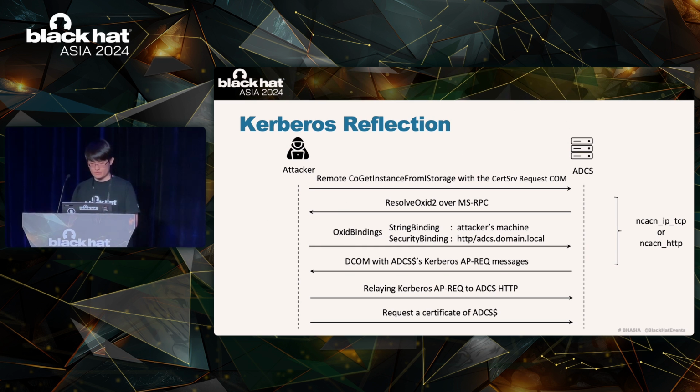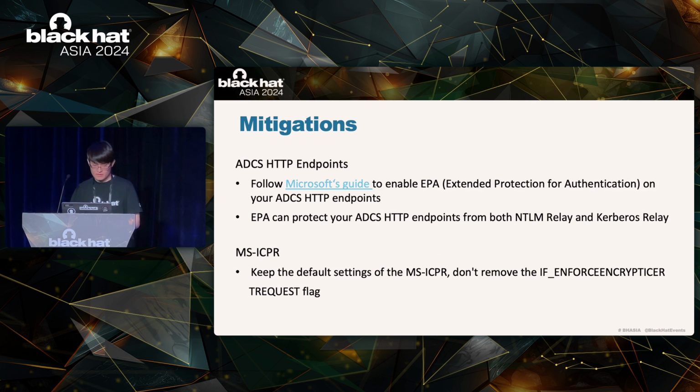We can use both ncacn_ip_tcp and ncacn_http as the RPC sequence here, and we can relay the authentication from the ADCS back to itself. Kerberos reflection is not a new vulnerability, but a new exploit technique.